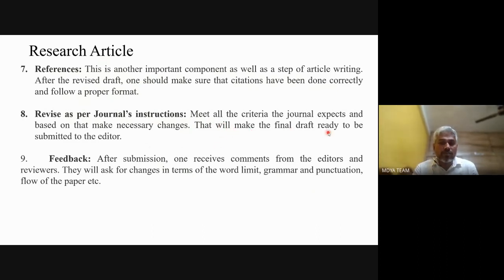That will be your final draft, ready to submit to the editor. In the last feedback after submission, one receives comments from the editors and reviewers. They will ask for changes in terms of word limit, grammar, punctuation, and following the proper format.